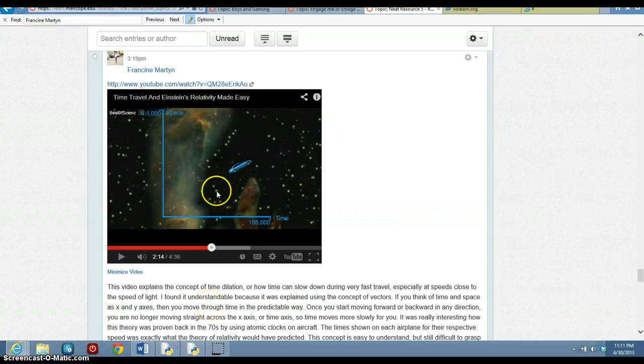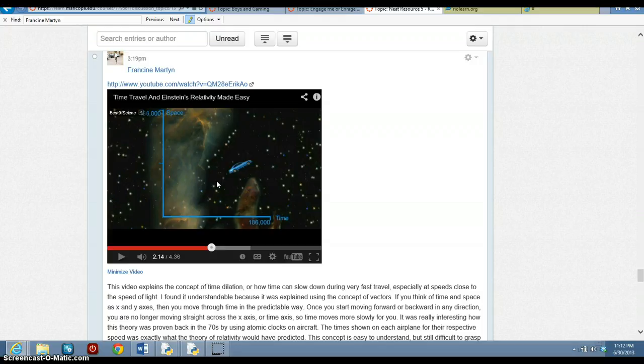This, I thought, explained it quite well here, where if the car is just sitting still, it's moving through time, and it experiences time linearly. But once you start moving at any speed, time slows down for you. And they were able to prove that by putting clocks on airplanes.